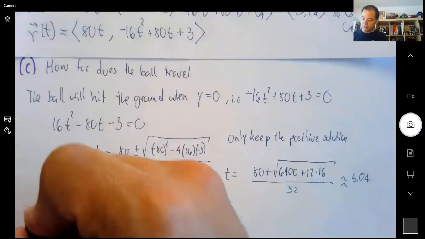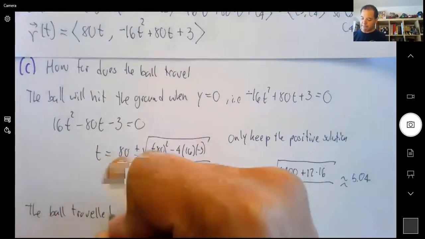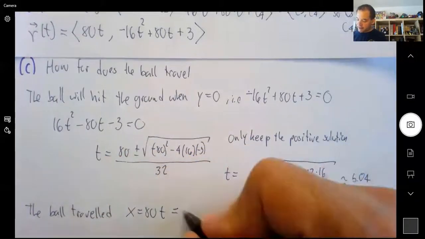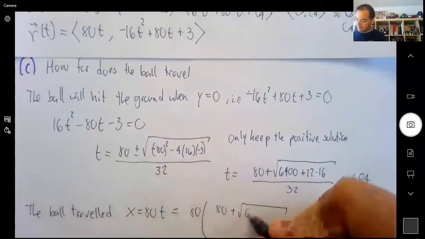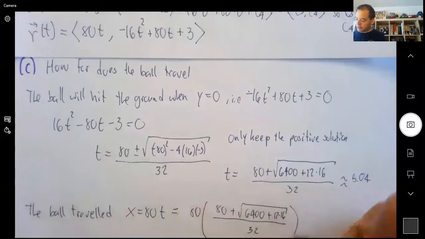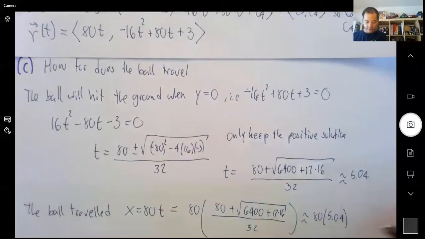So the ball travels x equals 80 times t, which is 80 times this number if you want it precise. If you want an approximation, it's about 80 times 5.04, which is about 403 feet.